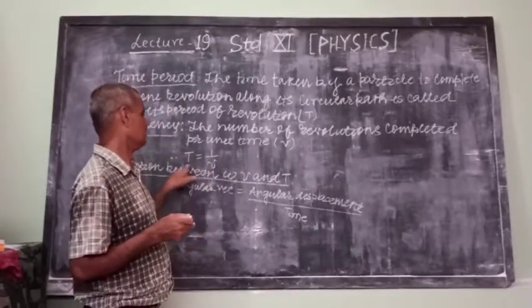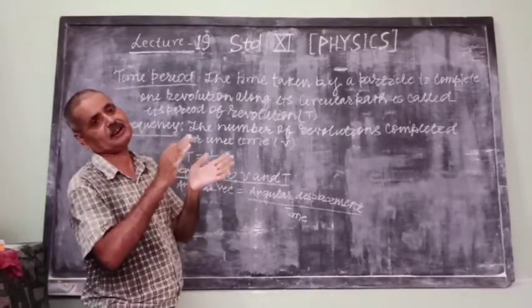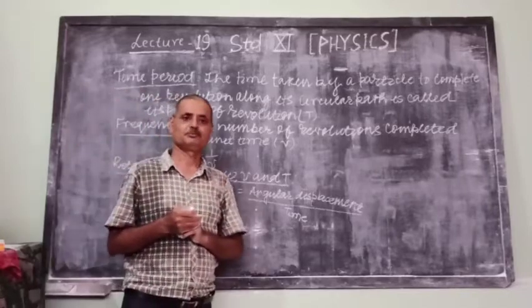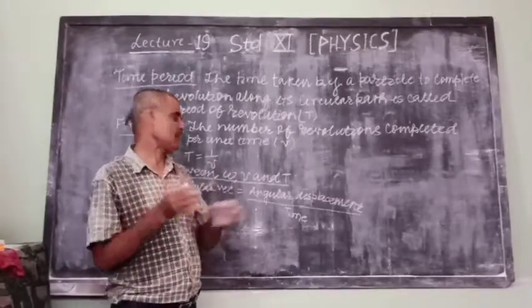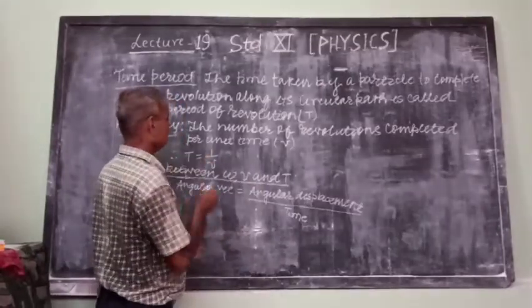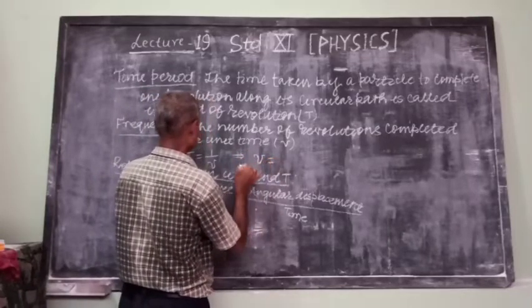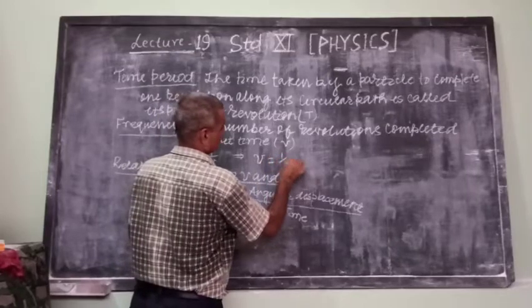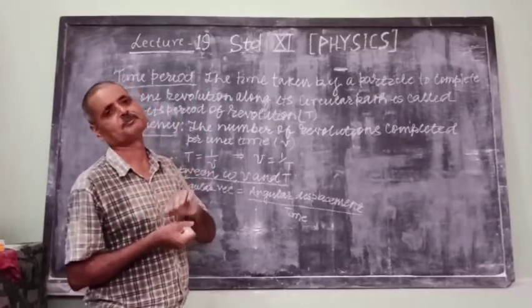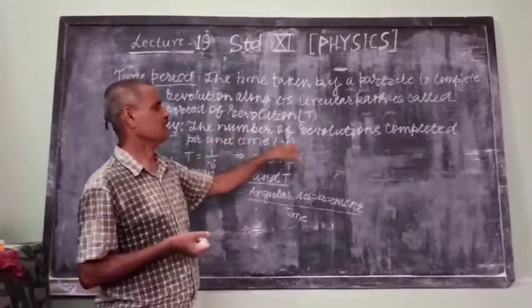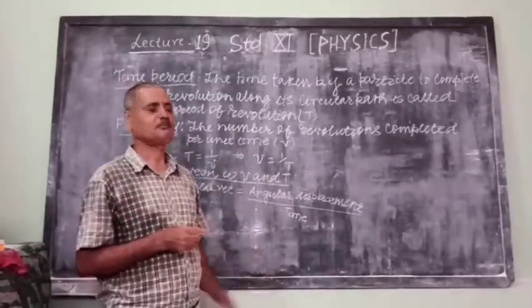There is a relation between time period and frequency: T is equal to 1 by nu, so nu is equal to 1 by T, just reciprocal of each other.